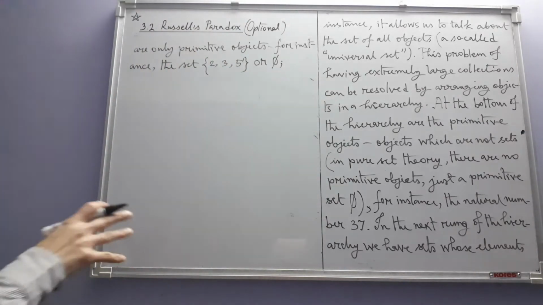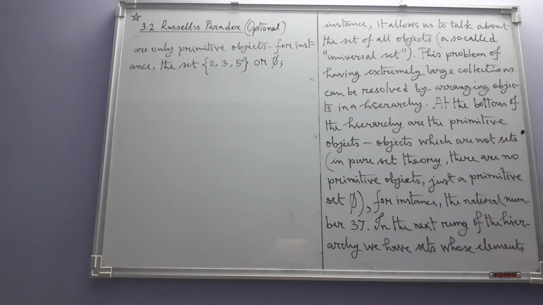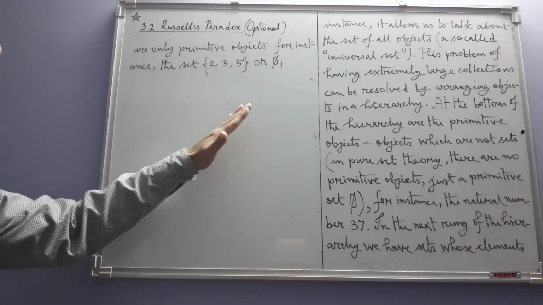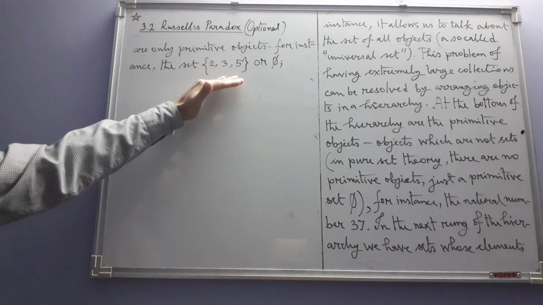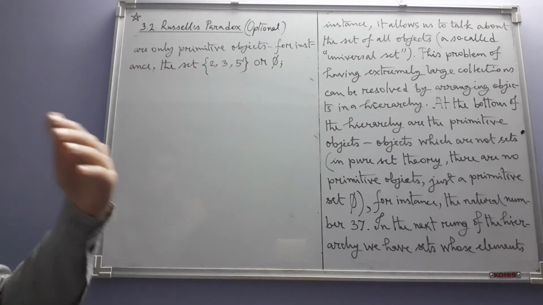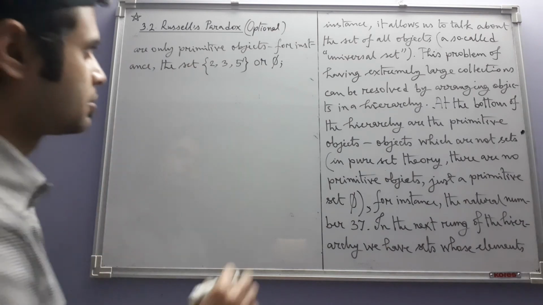For the purpose of discussion, let's call these things primitive sets. That is, primitive sets are either the empty set or non-empty sets in which the objects are only primitive objects.